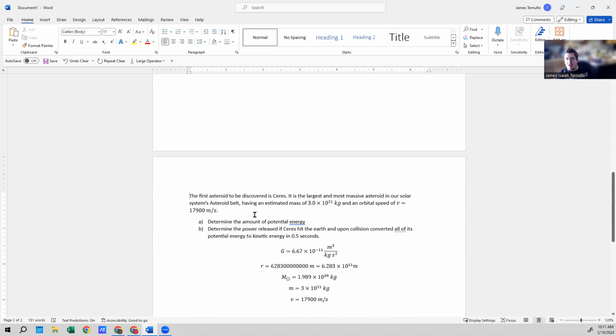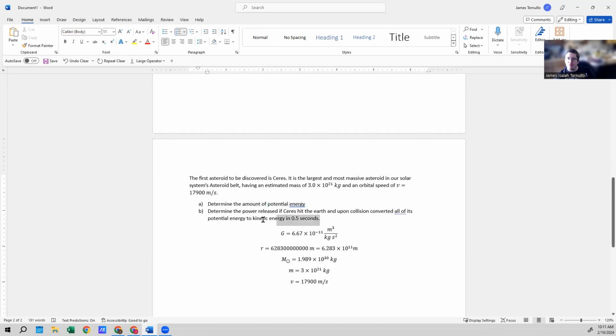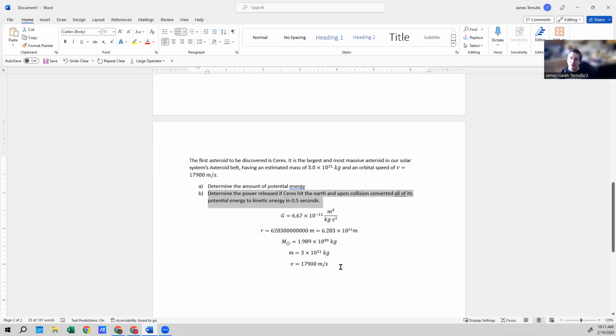It is the largest and most massive asteroid in our solar system's asteroid belt, having an estimated mass of 3 times 10 to the 21 kilograms and an orbital speed of 17,900 meters per second. We want to determine the amount of potential energy, and we want to determine the power released if Ceres hit the Earth and upon collision converted all of its potential energy to kinetic energy in 0.5 seconds.